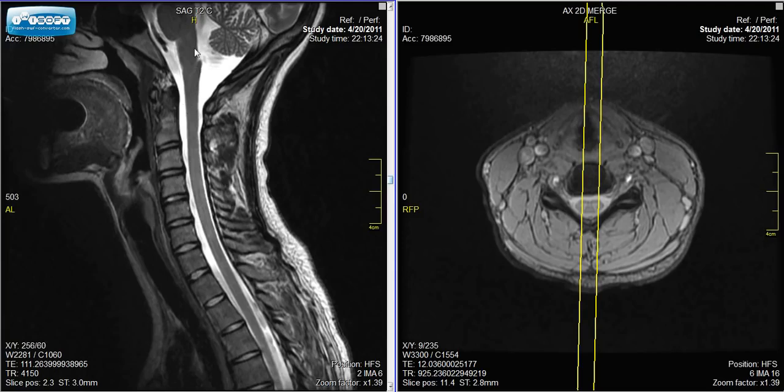Up higher, we see how this is the lower part of the brain or the brain stem. And the spinal cord goes all the way through, which is a difference with the lumbar spine where the spinal cord ends up around L1 or L2. Now on these views, once again, the white that we see surrounding the nerves is spinal fluid, CSF.